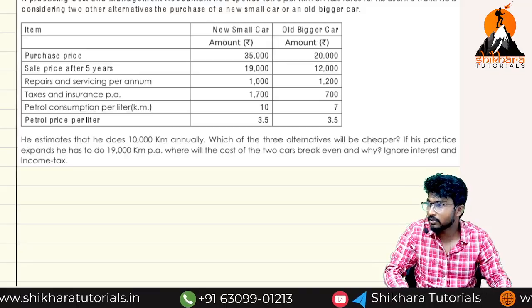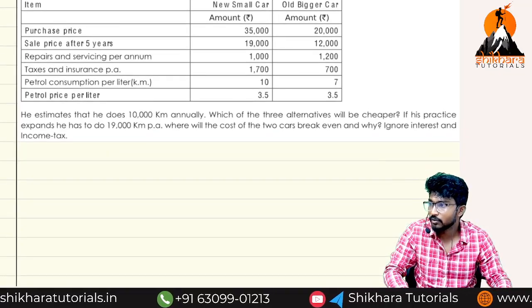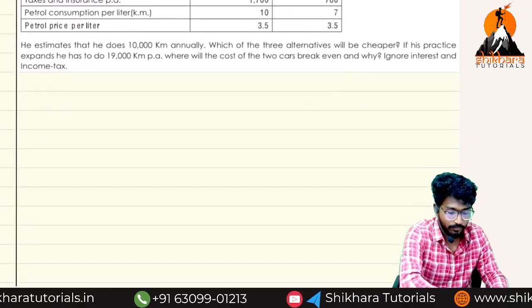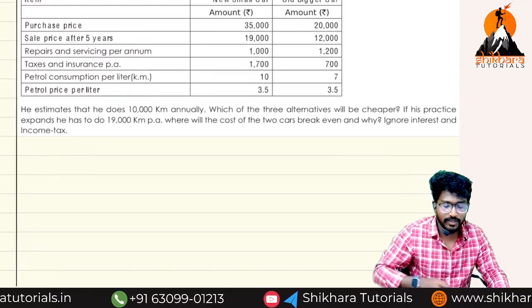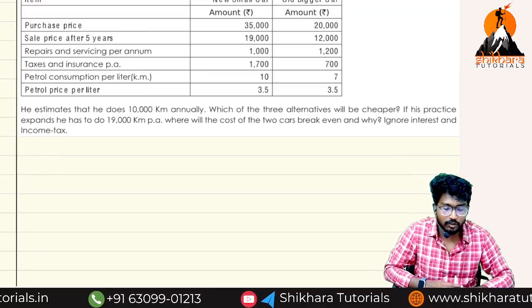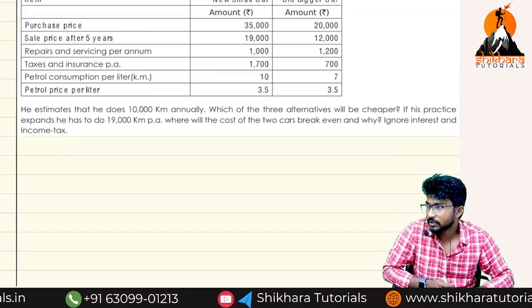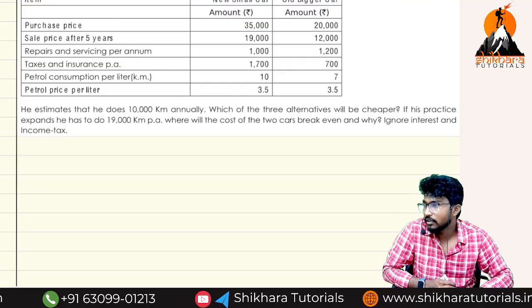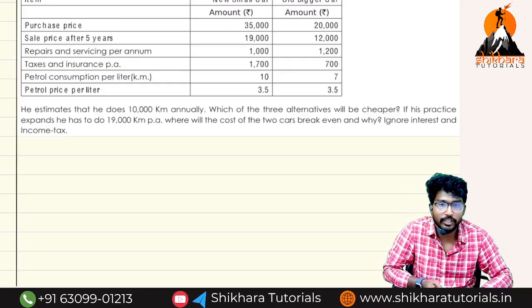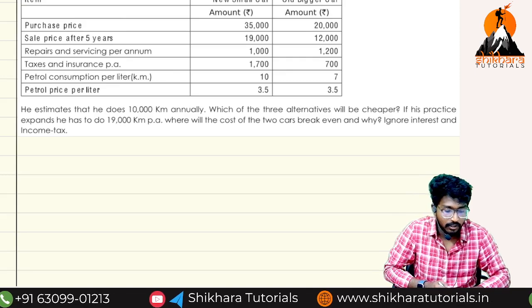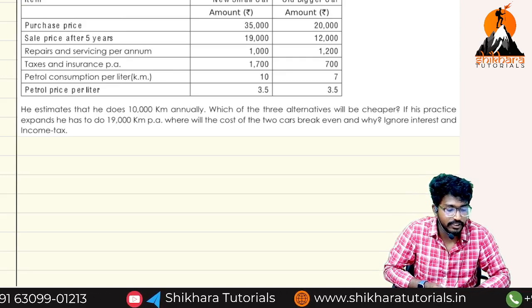That is the fixed cost for the old big car. Now, he estimates that he does 10,000 kilometers annually. Which of the 3 alternatives will be cheaper?